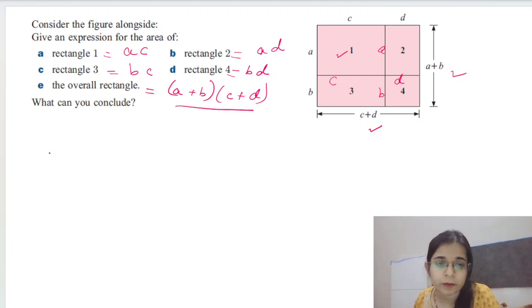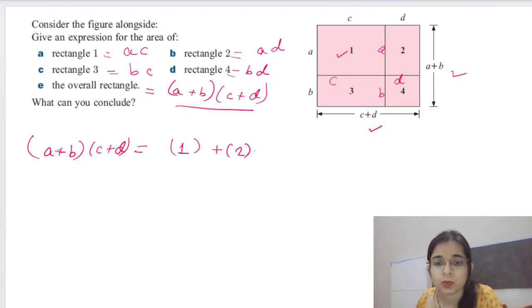Now you can see the area of the overall rectangle was this, which is equal to, you can say, this overall rectangle is the area of rectangle 1, area of rectangle 2, area of rectangle 3, and the area of rectangle 4. Yes or no? As you can directly see, this complete figure is composed of these 4 rectangles.